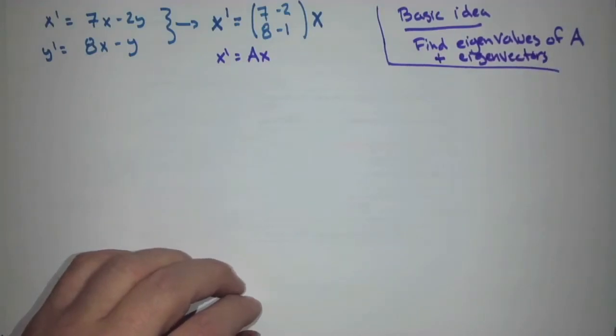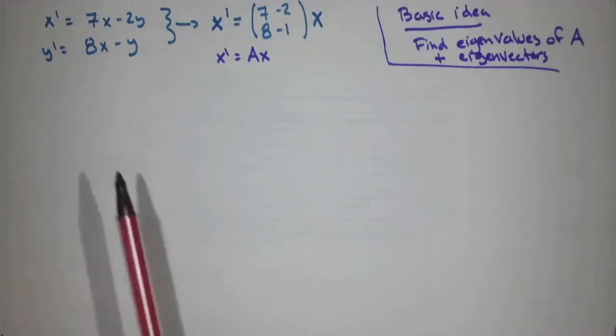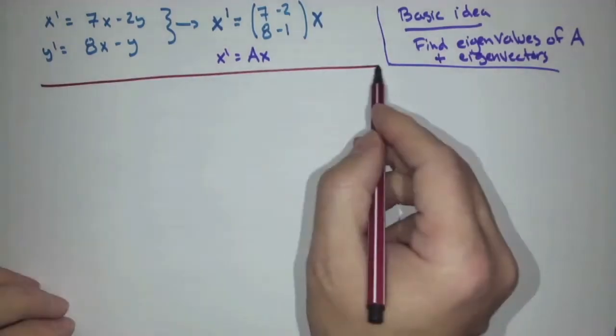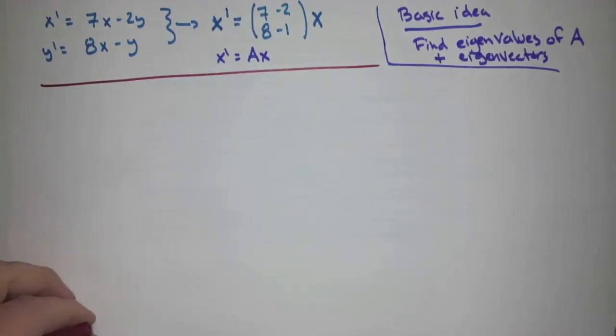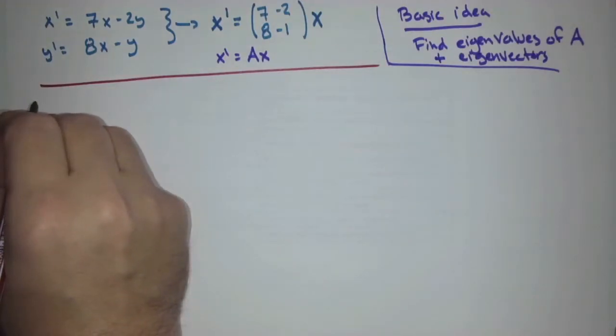I say the basic idea because there are a couple of things that can happen. Let's talk about 3 different scenarios you might encounter. Like I said, there are 2 problems and there are 3 scenarios, so you better be able to handle all 3.